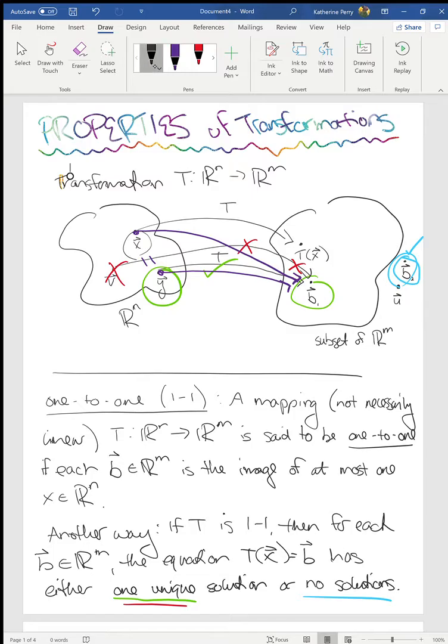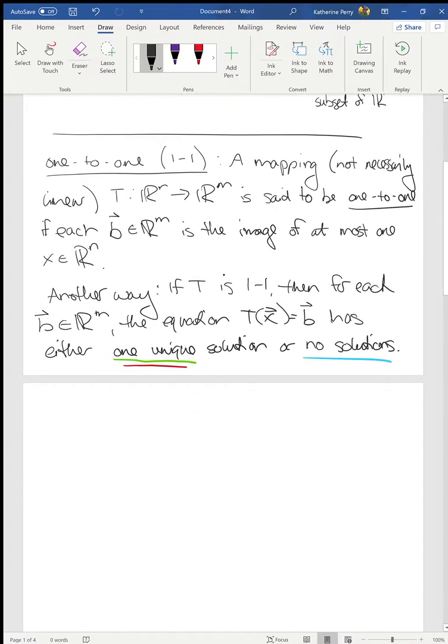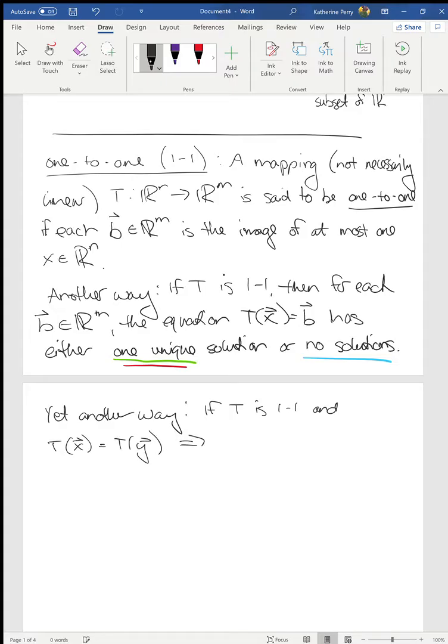And so that leads to this third way, yet another way. We'll say that if T is one-to-one and T of x equals T of y, this implies that x must equal y.